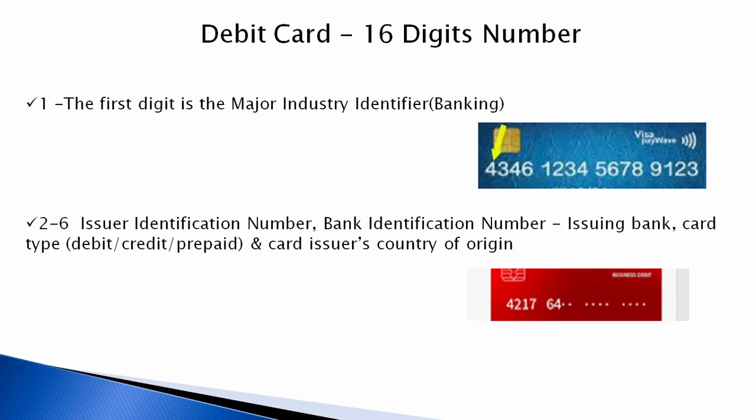From the second digit to the sixth digit, it is the issuer identification number, the bank identification number. This identifies which bank issued it, whether it is a debit card, credit card or prepaid card, and the country of origin. These things you can find out from the 2nd to 6th digits.